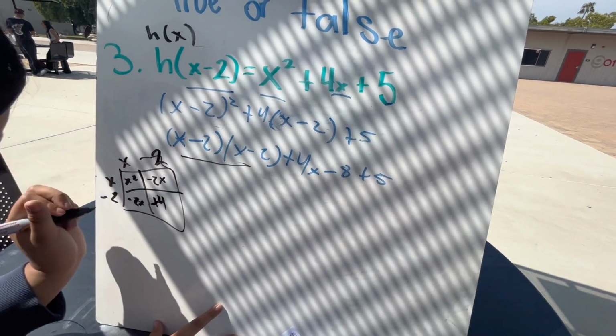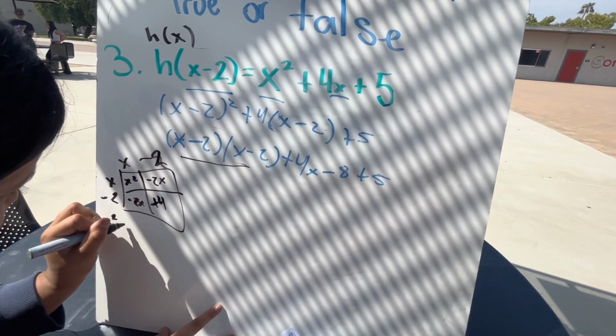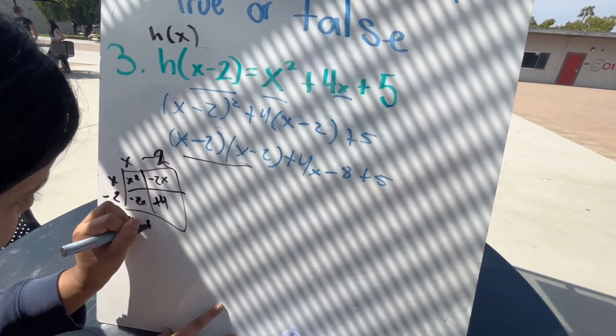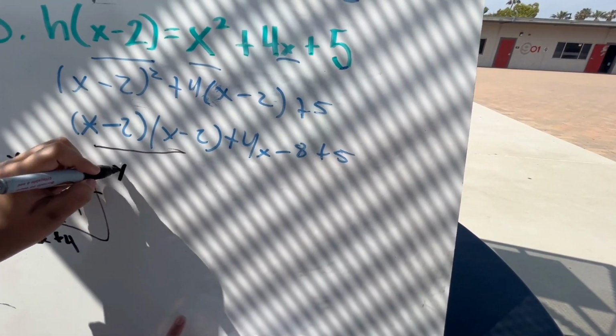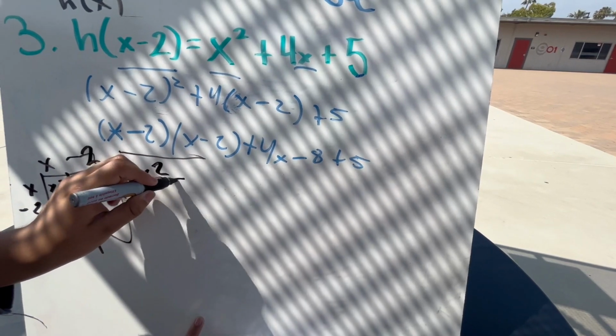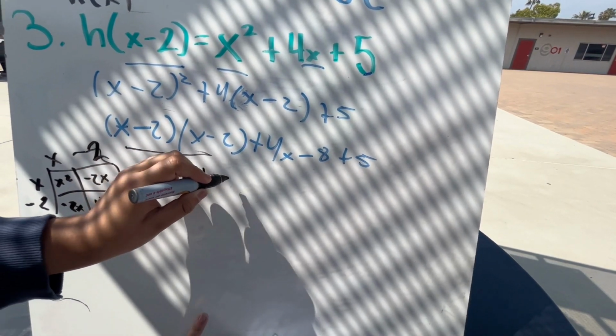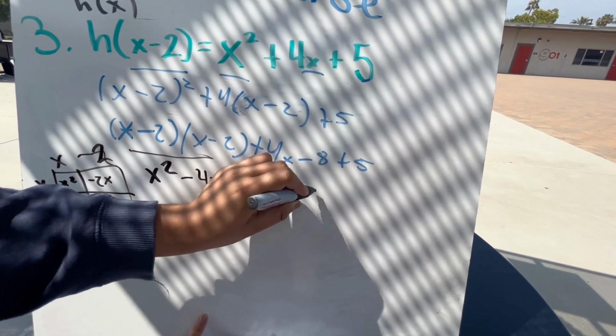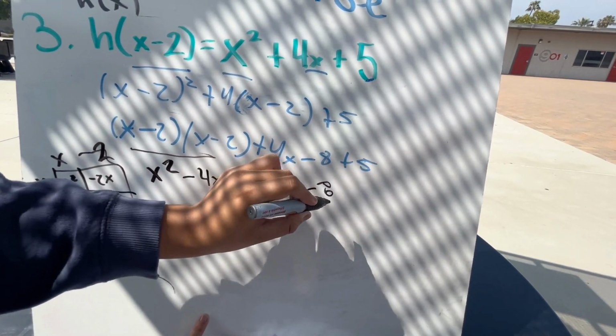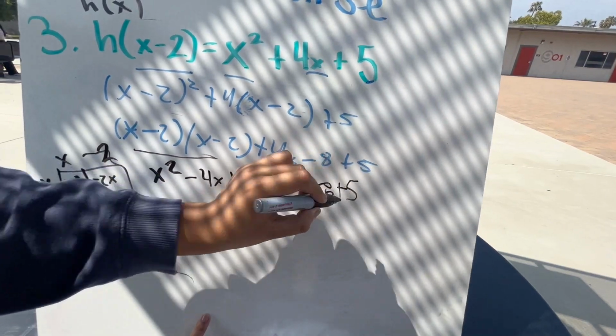So this becomes x squared minus 4x plus 4, and now we can bring it in here too. So x squared minus 4x plus 4 plus 4x minus 8, sorry guys, plus 5.